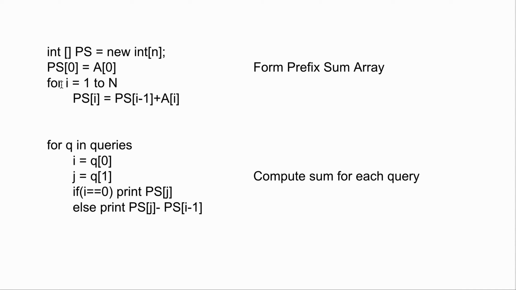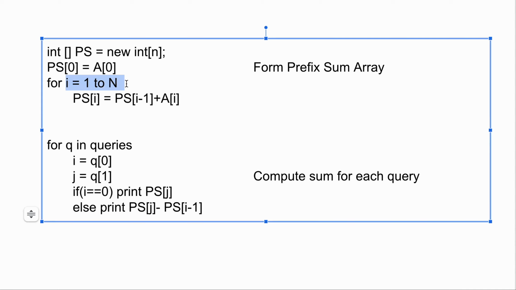So what am I doing here? For i equal to 1 to n, ps of i is equal to ps of i minus 1 plus the current element in the original array. So this is in the array that you are forming and this is from the original array. After that, what is the second stage?